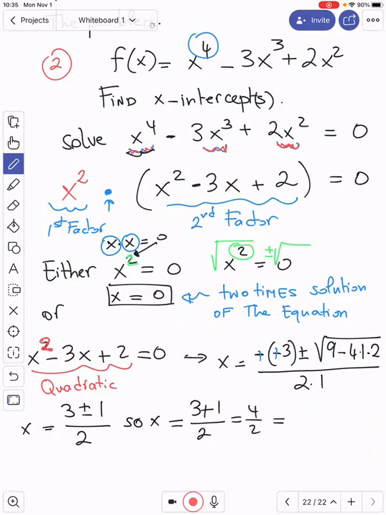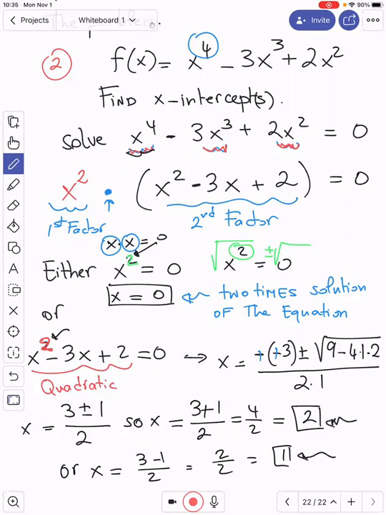So that's 2. That's my first solution of this quadratic equation, right? Or x is 3 minus 1 over 2. So it's just 1. All right, so as you can see, it's a quadratic equation, right? And I got two different answers, right? So each answer is just 1 time solution of the problem, okay?